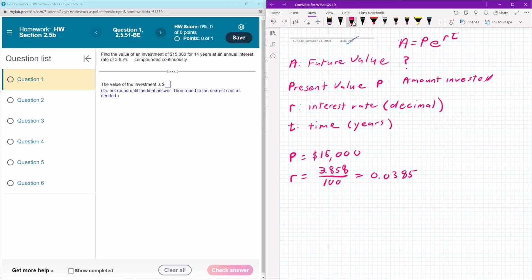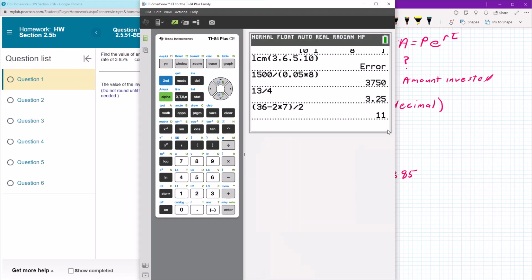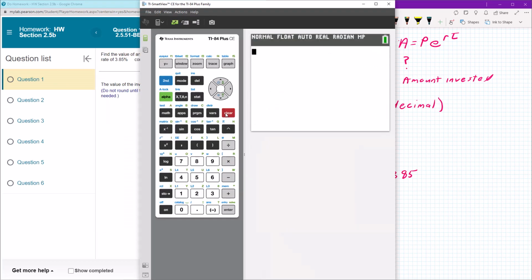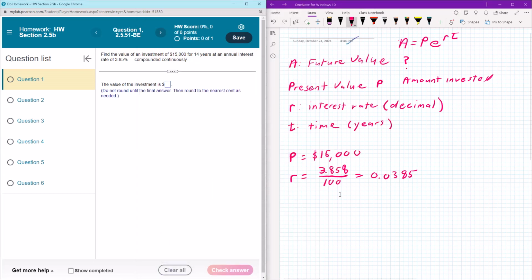And just to be sure about that, here's my calculator. We have 3.85% divided by 100. And look what I get. I get 0.0385, which is exactly what I have down here. Okay? And then T is 14 years.